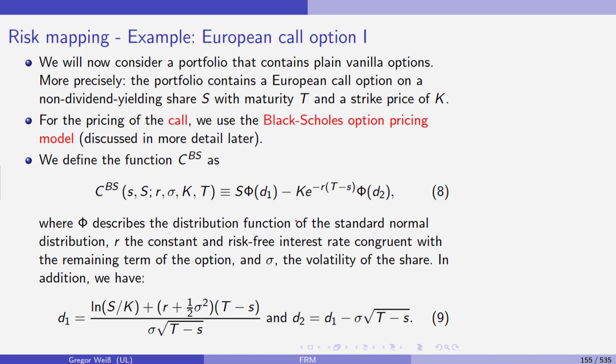Second example is a little bit more complicated, and we've talked about this in short. Let's consider a portfolio that contains plain vanilla options.